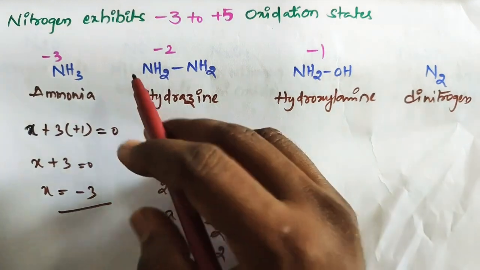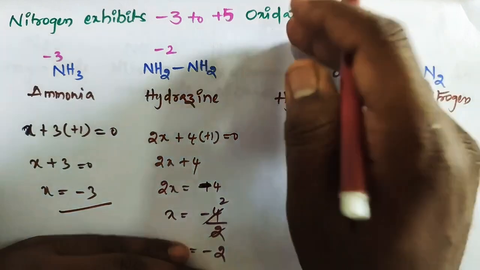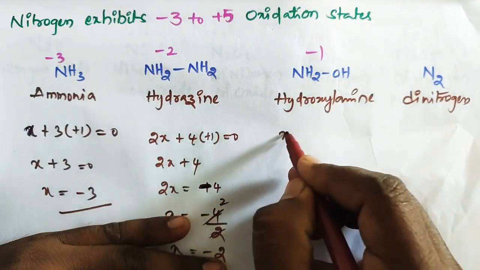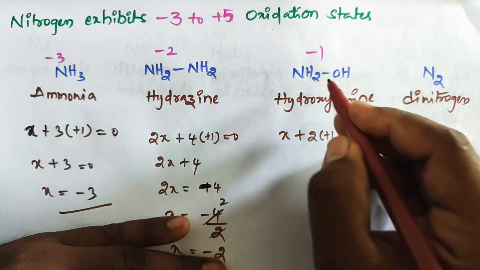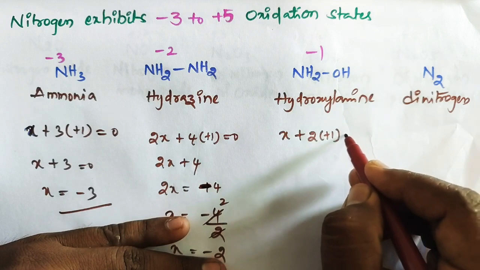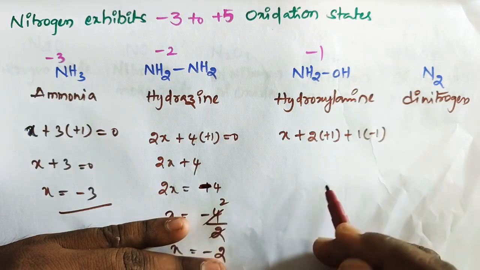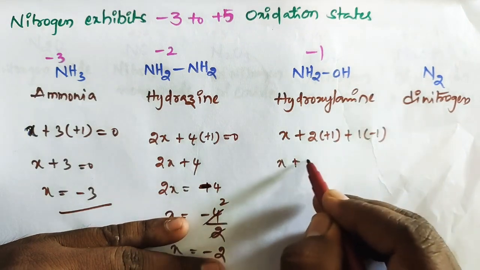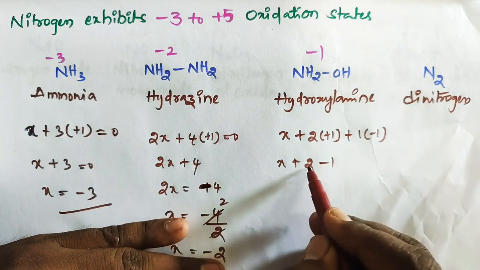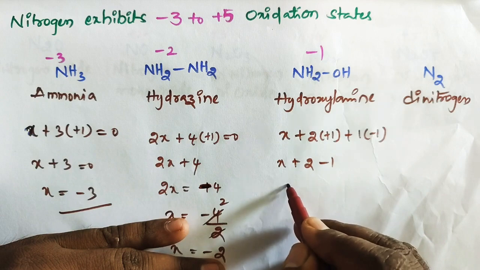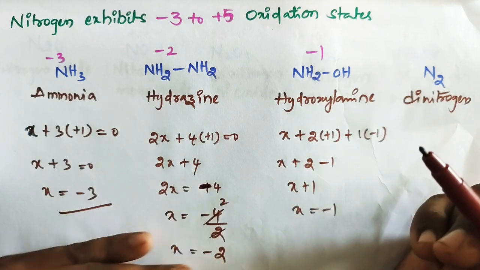So the oxidation state of this nitrogen is -2. And next, for NH2OH, nitrogen is taken as x plus 2 hydrogens, 2 into +1, and OH is -1, so x plus 2 minus 1 equals 0, x plus 1 equals 0, x equals -1. So this oxidation state is -1.